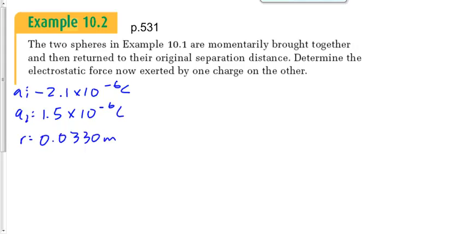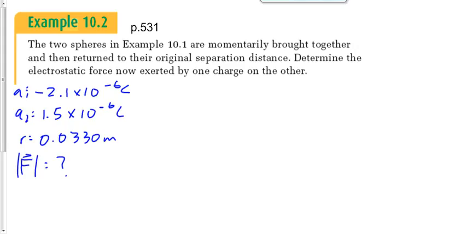How's this going to change? If I have the same charges as I had in the last question, and I have the same distance as I had in the last question, then how's the force going to change? There's got to be something here, because they're not giving me another question that's exactly the same as the first one. What's the deal here? Yeah. When we touch them together, the charges are going to change, right?